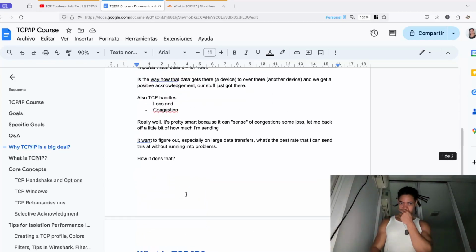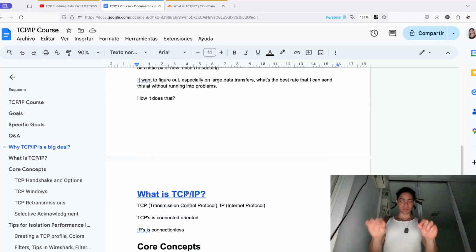All right. So that's the subtle difference between TCP and IP. Both of them are protocols, but TCP is a protocol on the transport layer.